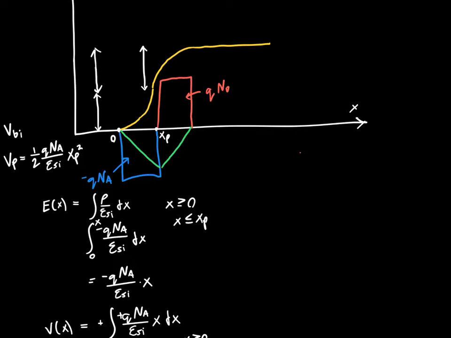I'm going to call this new coordinate system x prime, and x prime's origin is here, and it goes from 0 to xn. So I basically just destroyed our old coordinate system and put in a new one, just so we can find the height of this voltage drop.